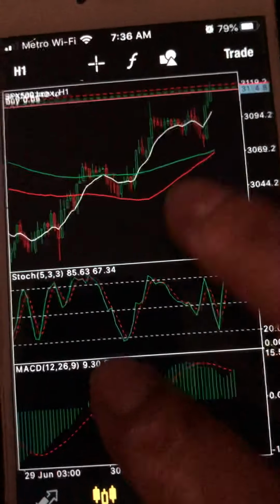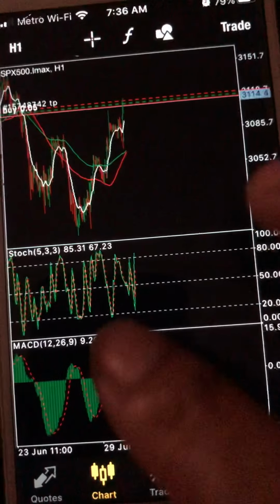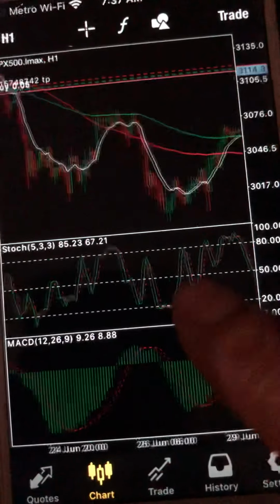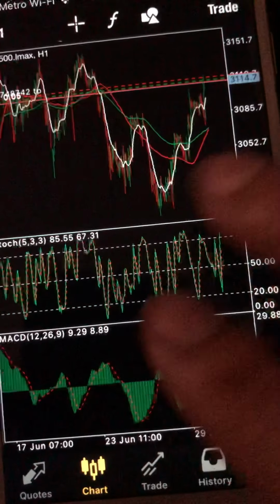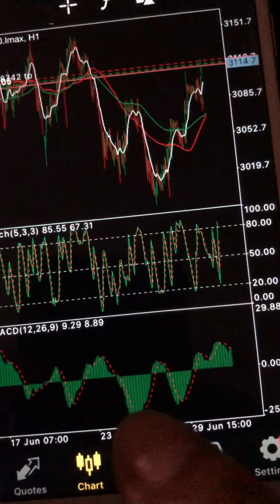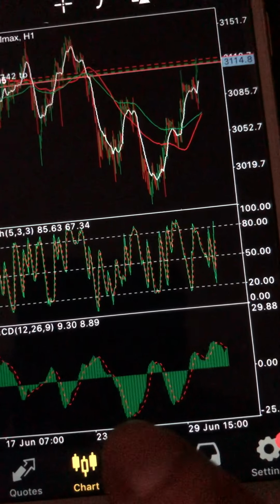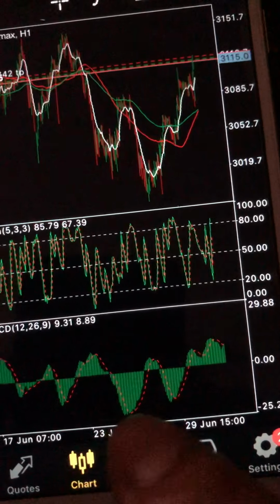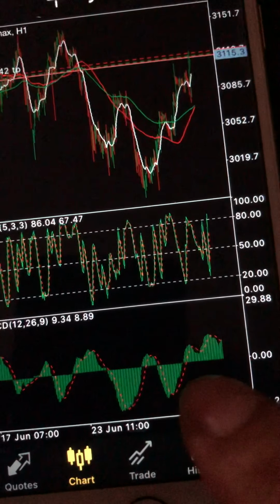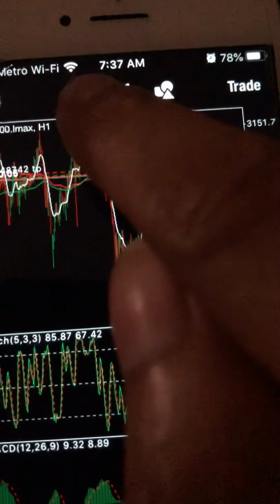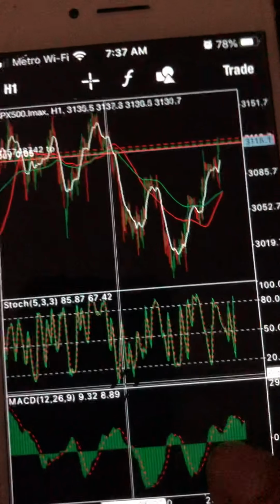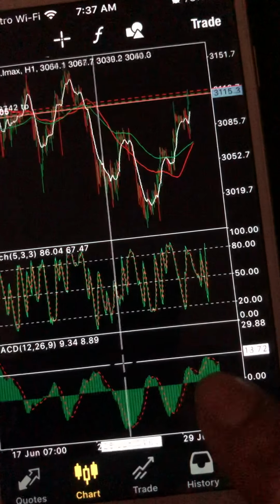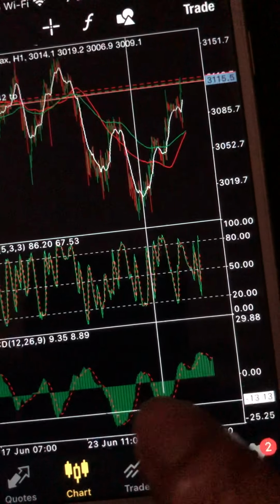And let's see if I can find a divergence. Well, here's a divergence right here. You see the lows down here on the MACD. If you had a trend line and connected those two, the trend line would be pointing up. Let's use the crosshairs. Boom, we got that bottom, and we got that bottom.